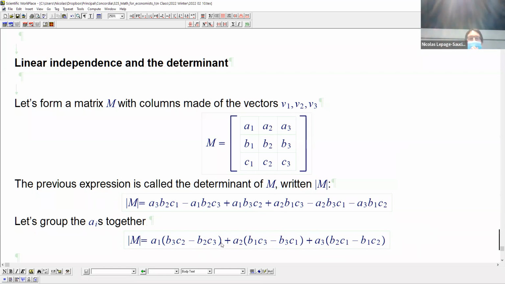And for those who are not copying, think with me. What is this? What is that? And what is that? Does it ring a bell? B3 C2 minus B2 C3, B1 C3 minus B3 C1. No idea?